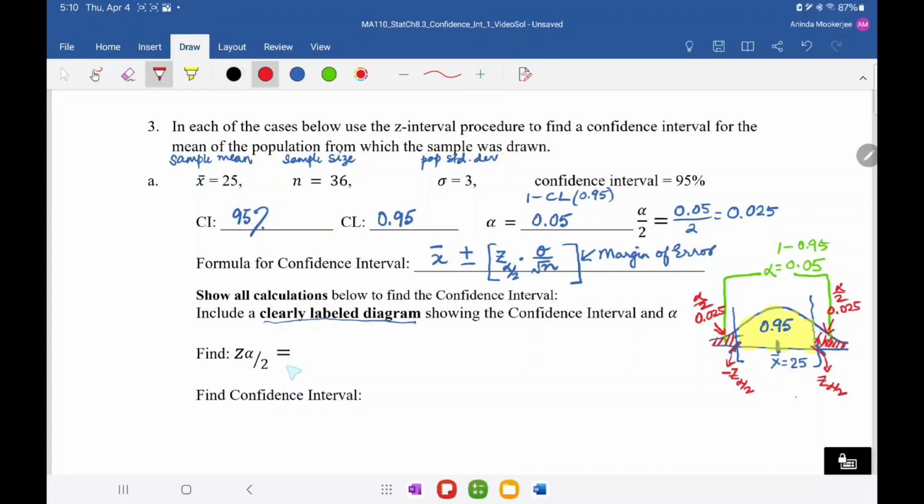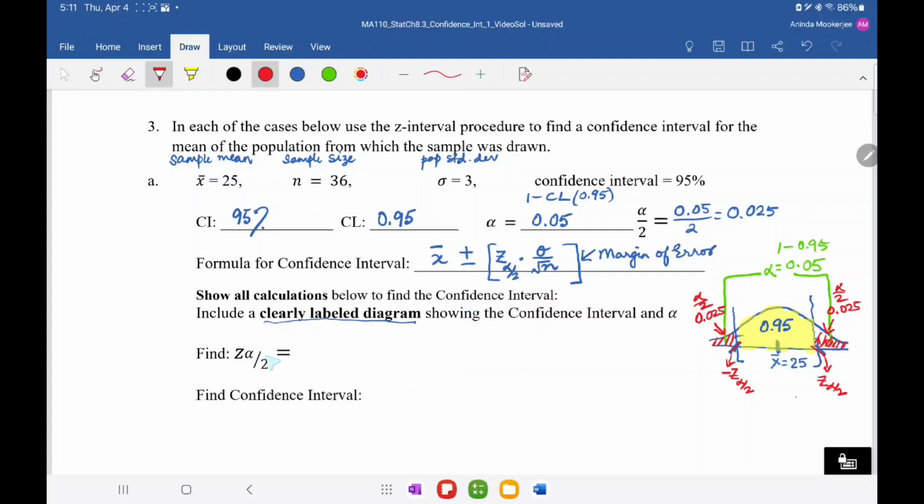So we have to find the z value whose area to the left is 0.025, and likewise whose area to the right is 0.025. So we will get two z values. One of them will be a negative value. The one on the right hand side will be a positive z value.